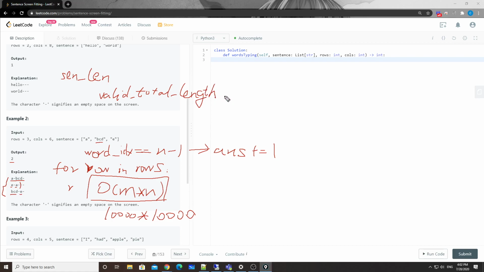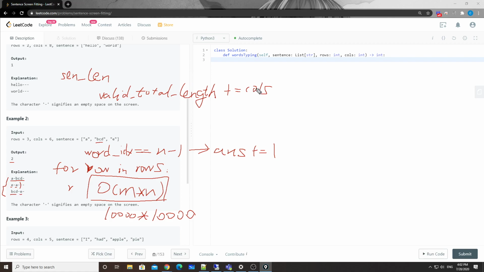So basically every time we'll keep updating this valid total length, and we're doing this by adding the entire columns for each row.